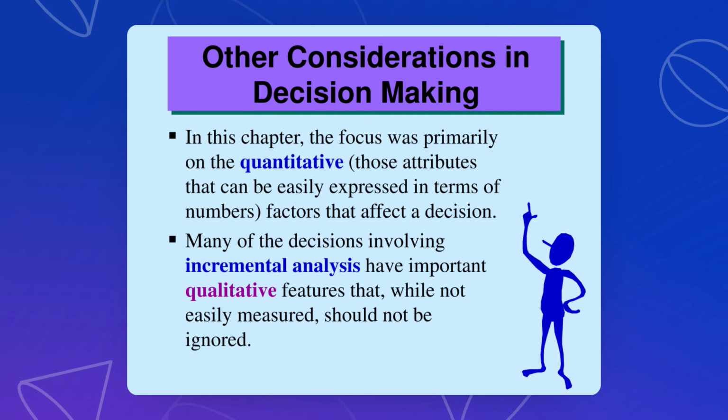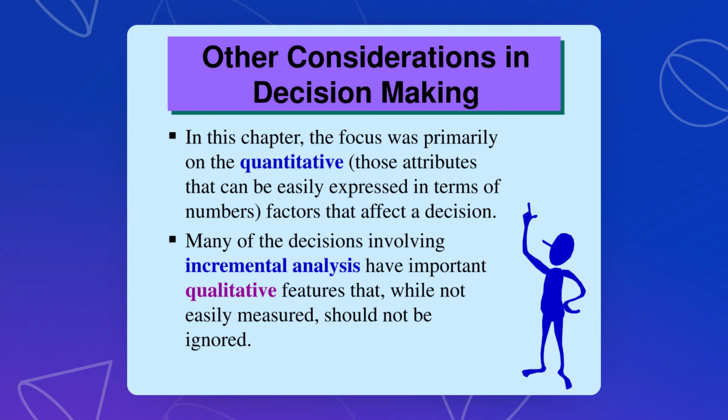So what are the other considerations in decision making, class? Although it is part of relevant costing, in this chapter we discussed quantitative and qualitative factors. The focus was primarily on quantitative factors, which can be easily expressed in terms of numbers and will affect your decision.